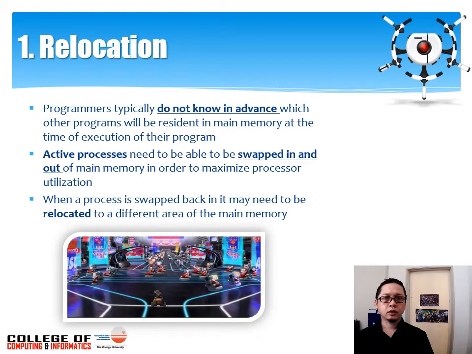Now we look at those requirements one by one. As you know, relocation is the requirement that enables a process to seamlessly swap in and out from secondary memory, which is your hard disk, and into the main memory, which is your RAM. Why does the process need to be swapped in and swapped out?